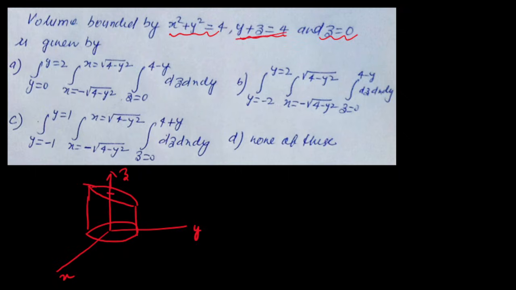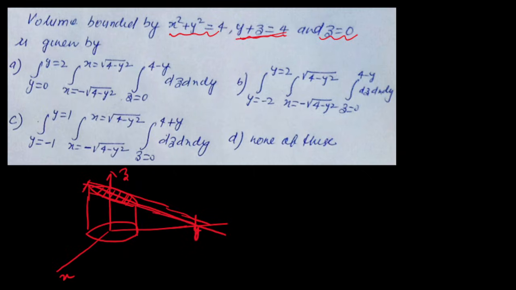So it will intersect y axis and z axis. So this is a plane. I hope you can understand that there is a plane here which is intersecting this, right, and cutting the y-axis. So the y-axis intercept is 4, the x-axis intercept is 4.